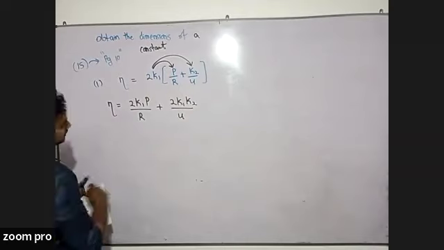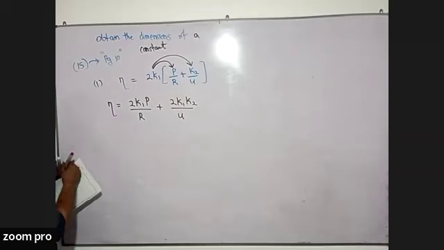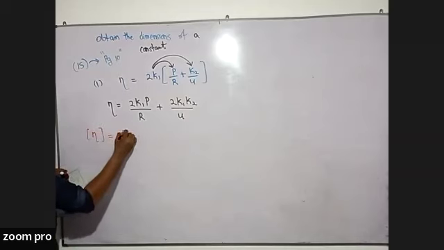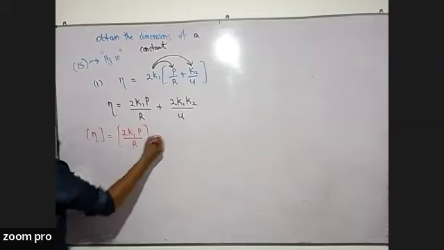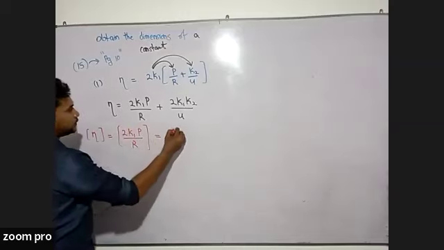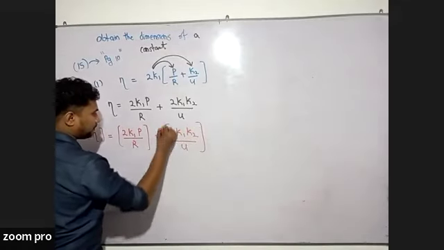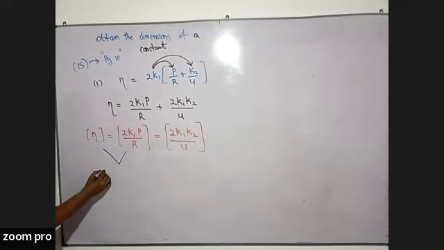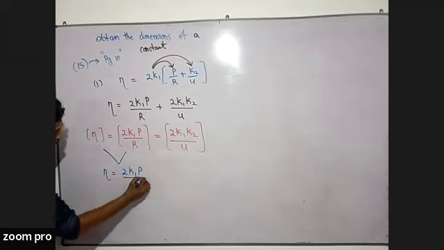According to this equation, it consists of three terms. If it is correct, dimensions of n or eta is equal to dimensions of 2k1 p over r, and it should also be equal to dimensions of 2k1 k2 over u, right? So let's consider these two. That means eta equals 2k1 p over r.